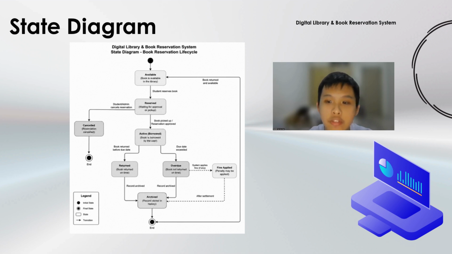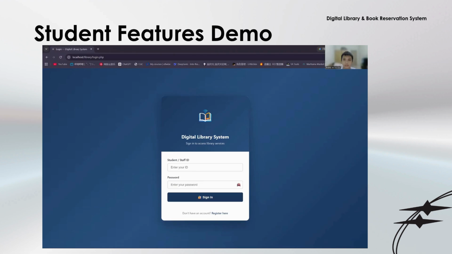From there, if the book is returned on time, it goes to returned and then archived, where the record is stored. If the book is returned late, it enters the overdue state, and the system may apply a fine before the record is archived. Finally, once the book is returned and available again, it goes back to the available state, ready for the next reservation.